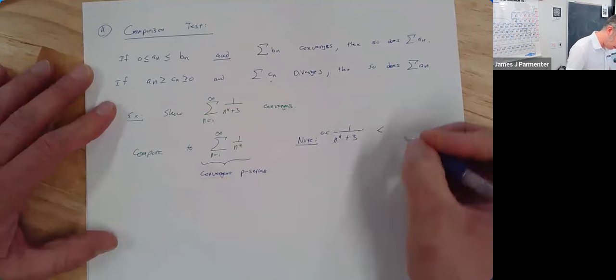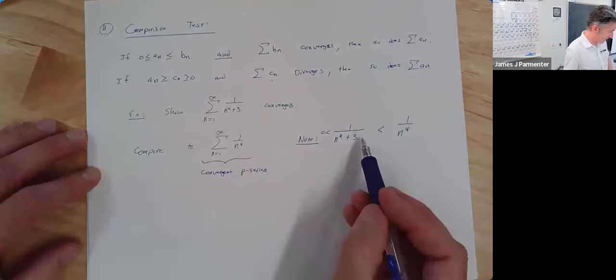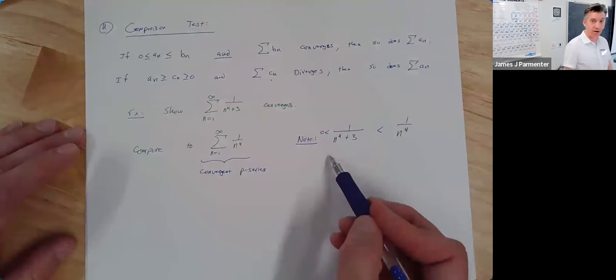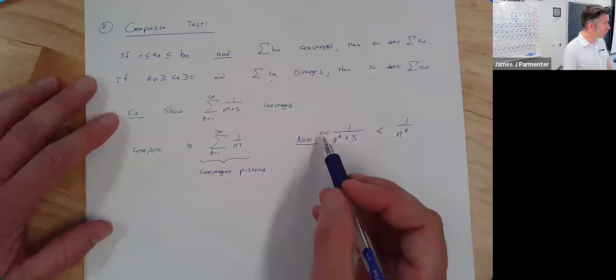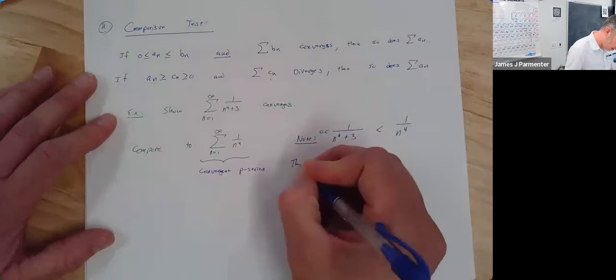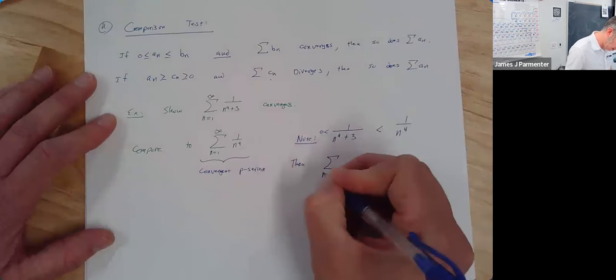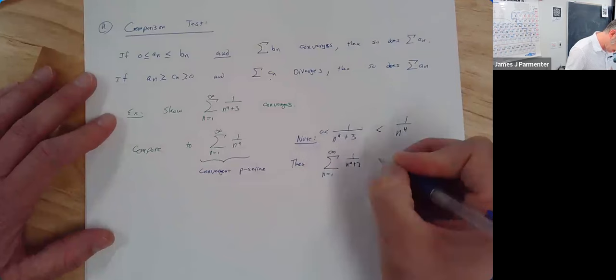And it is also true that it is less than 1 over n to the fourth, because if my denominator got larger, and it did, then my overall fraction got smaller. So since that's true, then we can say that our series from n equals 1 to infinity of 1 over n to the fourth plus 3 converges by comparison.